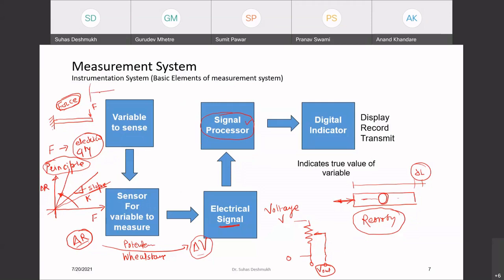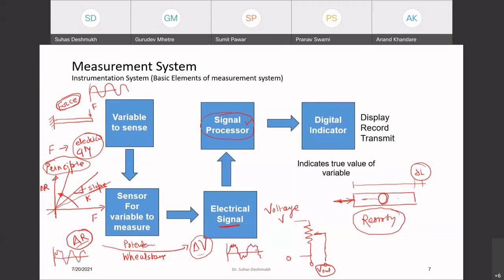It means if my varying quantity is varying like this, here I may have a change in the resistance in this fashion. This may happen due to interference of the external environment. And this voltage may also have more variation like this. So here it is a smooth variation. Here some noise has been captured.